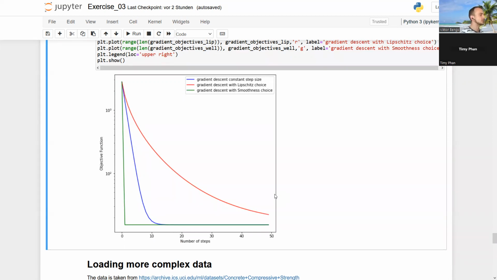Also, the Lipschitz choice was rather conservative. So we used here a quite conservative upper bound for the Lipschitz constant, which is then slowing down the convergence. So we could also use something smaller, in fact.